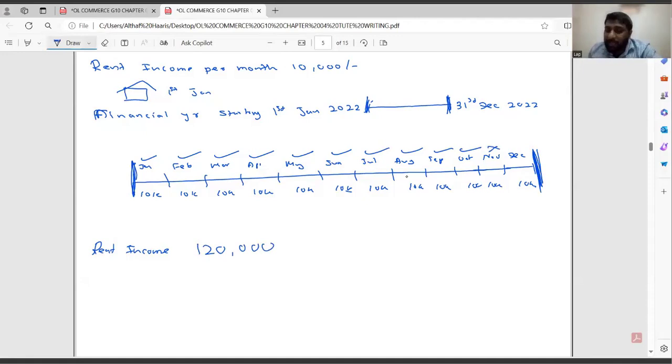Whether we got the money or not doesn't matter, children. When you are calculating the income, don't check whether you got the money or not. That is in your world. Your world you keep with you. In accounting world, we are not thinking like that. Even if we got the money or not, if it is relevant for that period, we will be considering it as income.